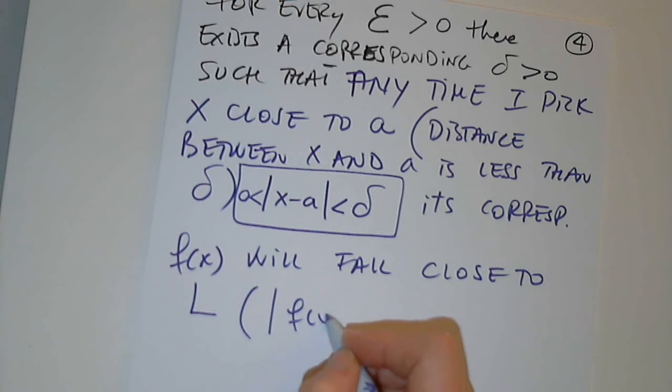The distance between f of x and L must be less than epsilon.